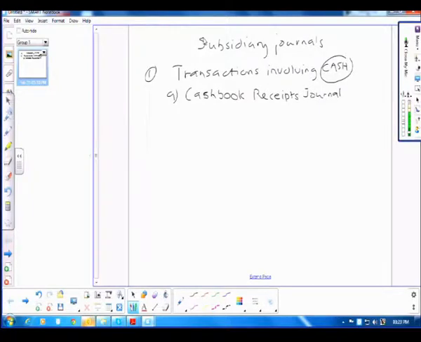In this book, we record all transactions involving receipt of cash. Look, because it's receipt, we are not paying, we are receiving. And what are we receiving? We are receiving cash.